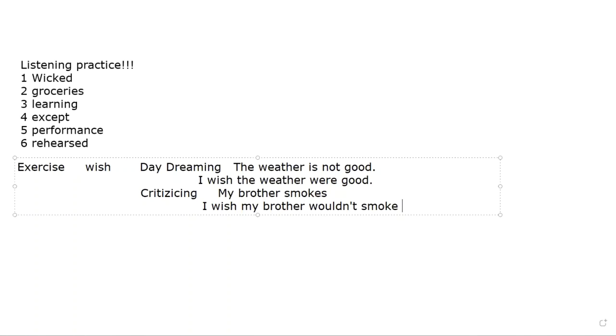Diego, when you are using second conditional, are you talking about real or unreal situations? Unreal. So that is why you are using the past, and that is why you are using would. Well, exactly the same story happens here.